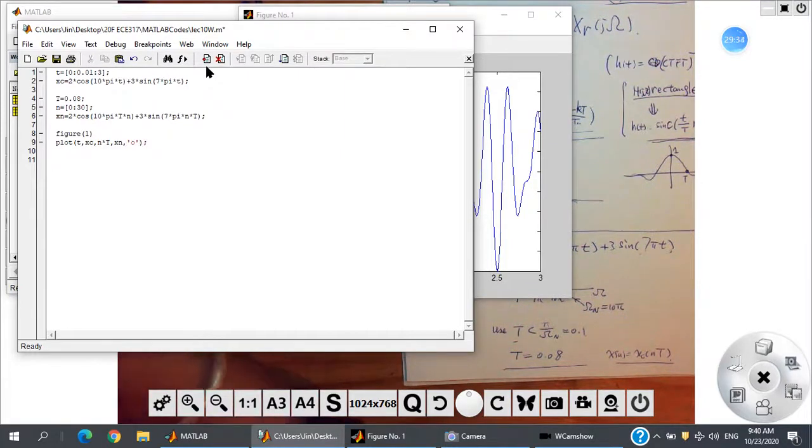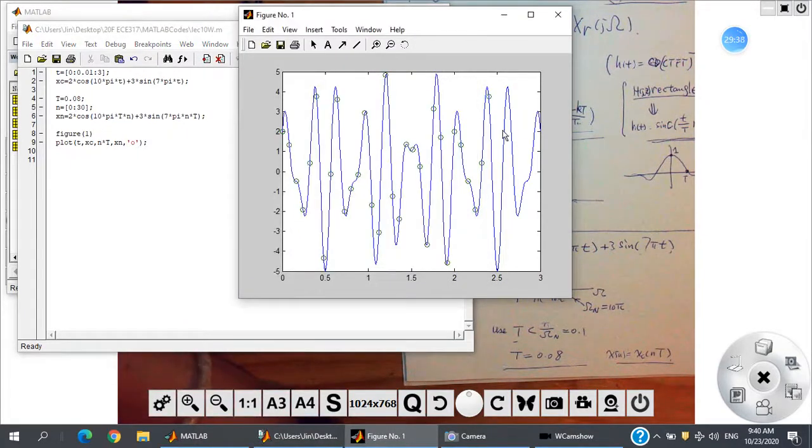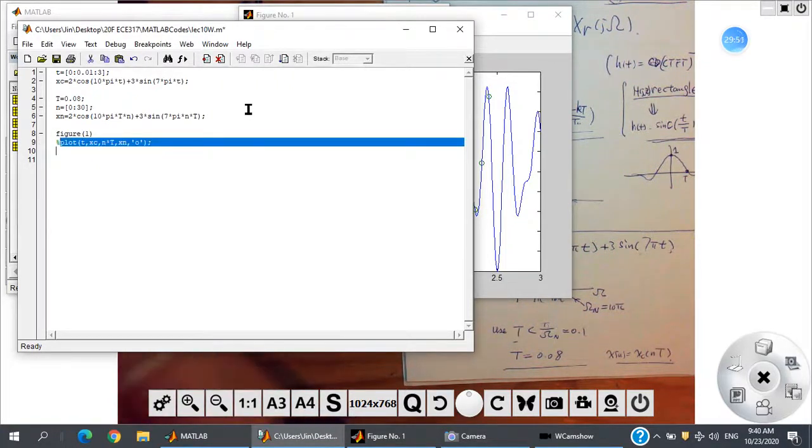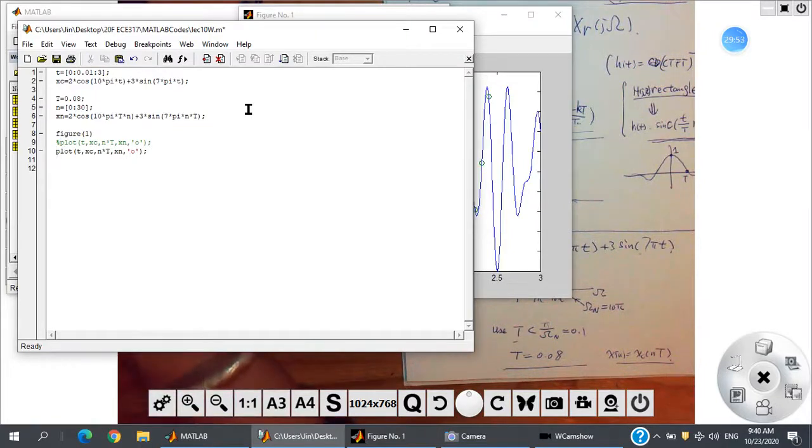Okay, let me run it. Alright, here, you see, those circles give us the samples. If we just look at those circles and remove these, what will happen?